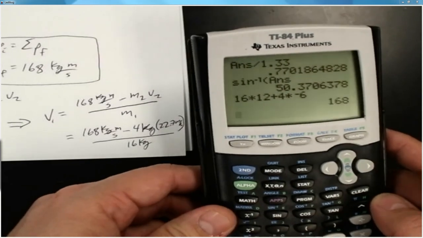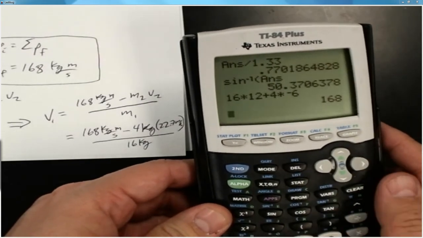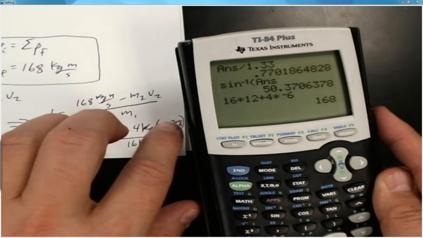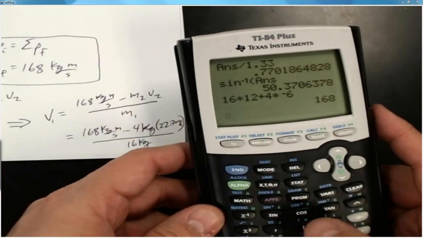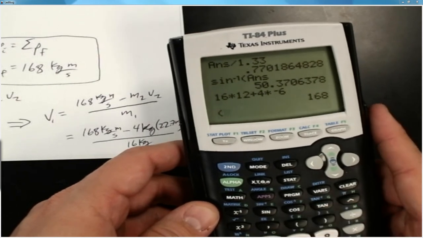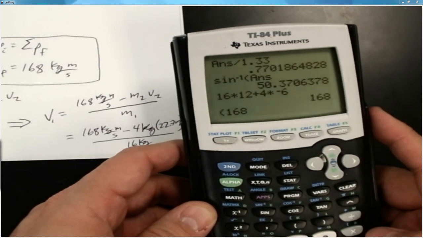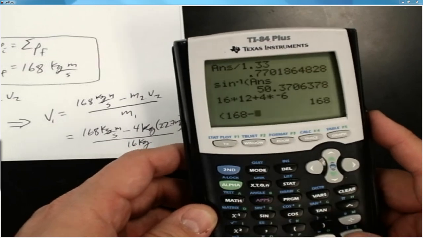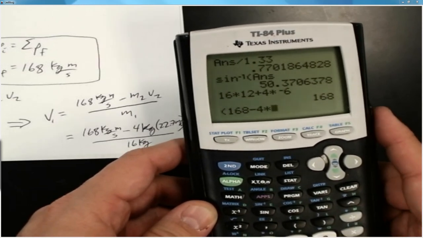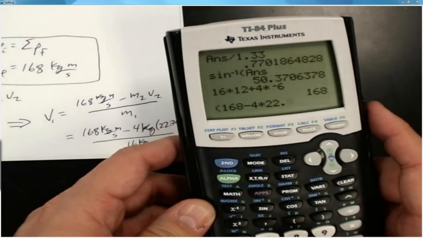Hopefully you can see that without a glare. You see I've got this whole junk here in the top. You should put the entire top with the parentheses around it. So I'm going to start out with the parentheses so that everything in the top goes together. I got 168 and minus, and then 4 times 22.7.